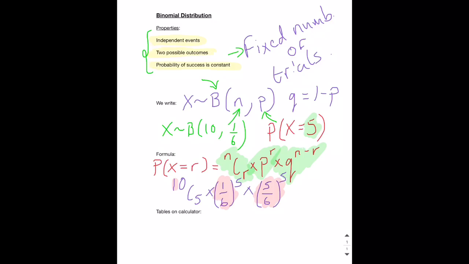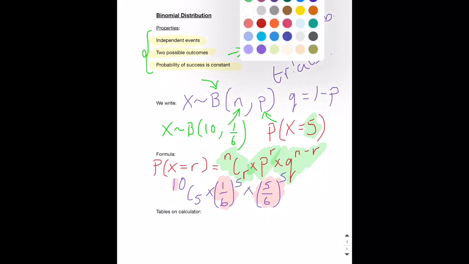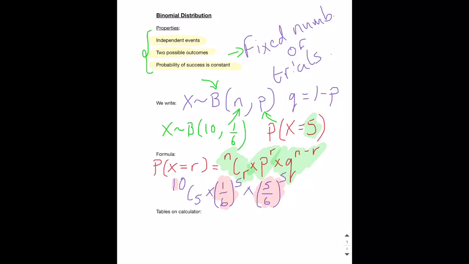Also, there are tables on the calculator that I would like for us to be able to use. And we can go on the white calculator, the FX-991EX ClassWiz. Get on the menu, number 7 on the menu is distributions. Press equals on that.